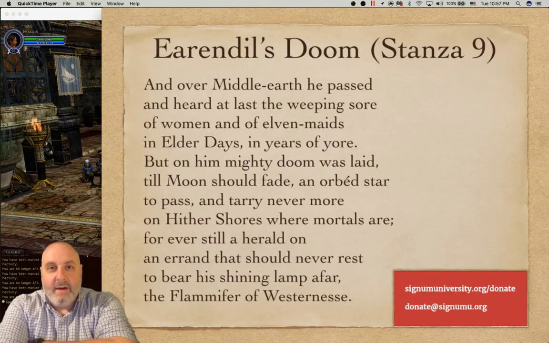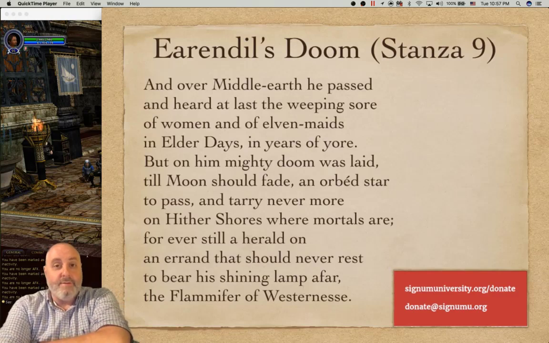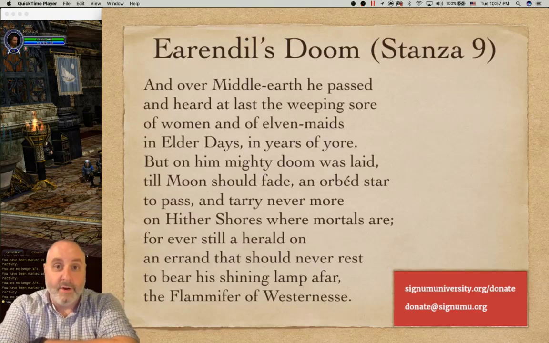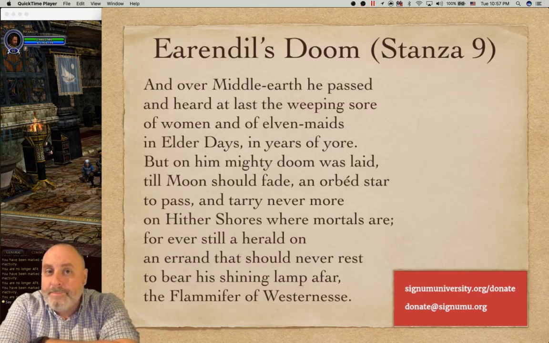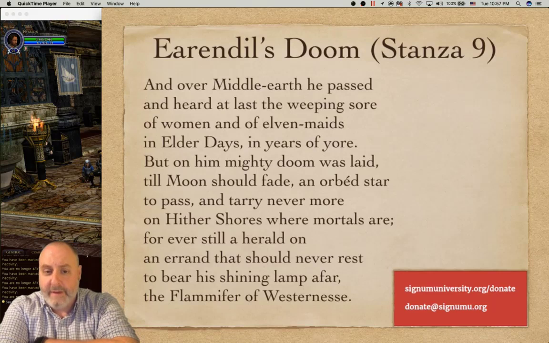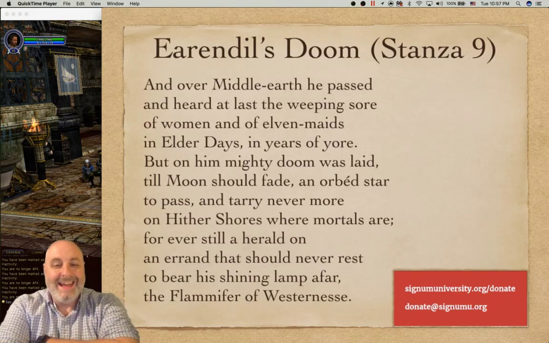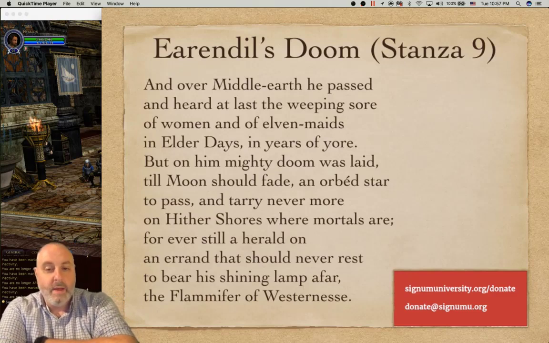Once again, we have this same pattern of a passive voice verb with no doer of the action mentioned in that sentence. So what is the mighty doom? "Till moon should fade, an orbed star to pass, and tarry nevermore on hither shores where mortals are."